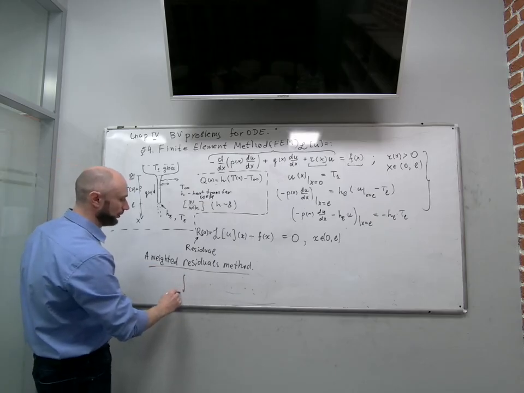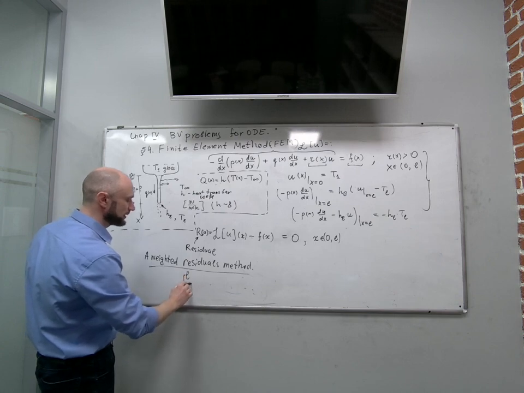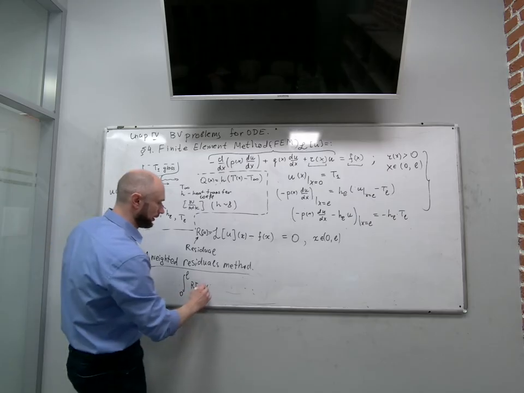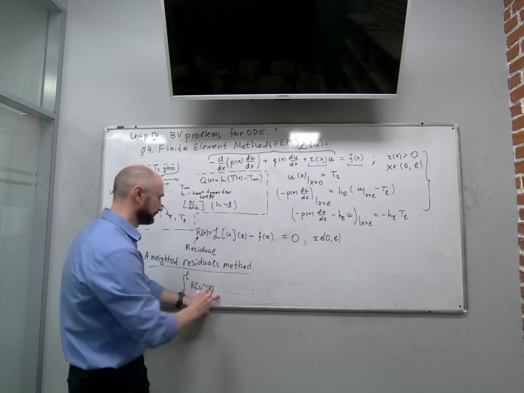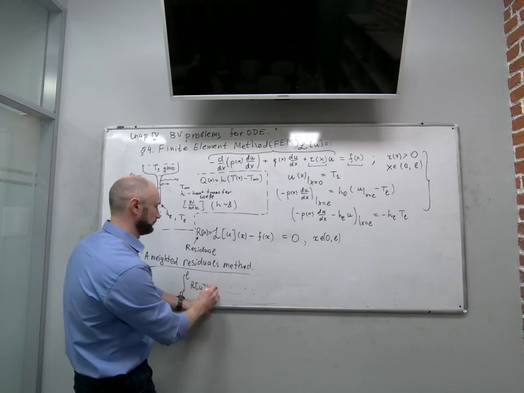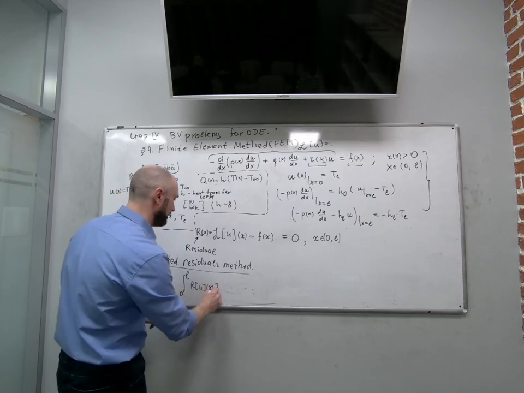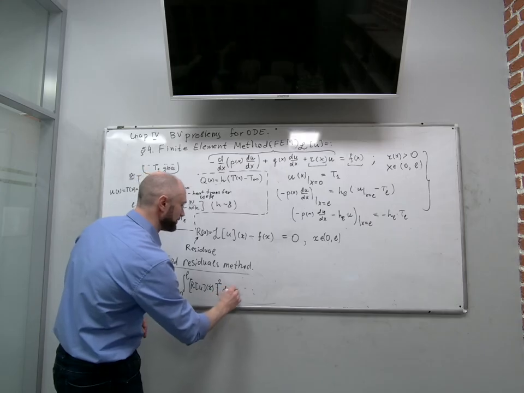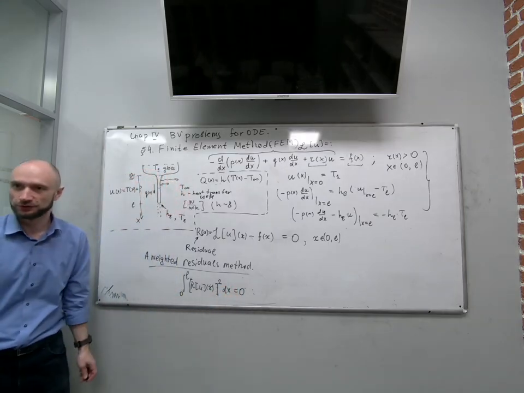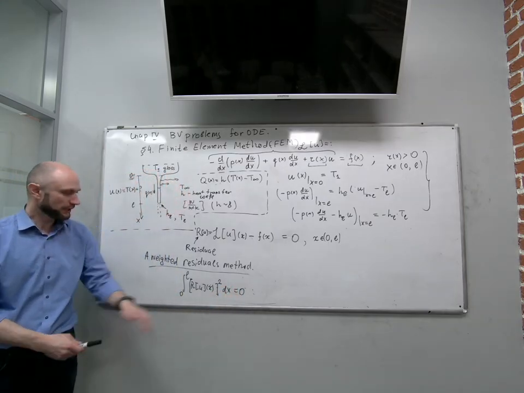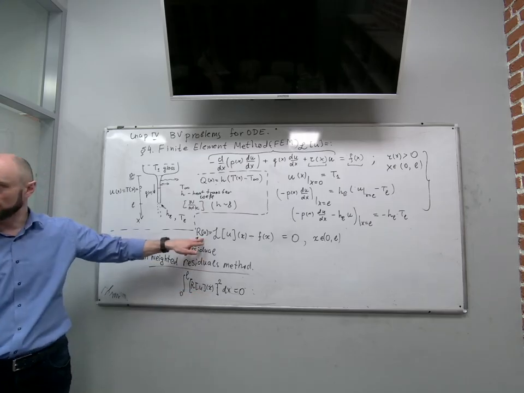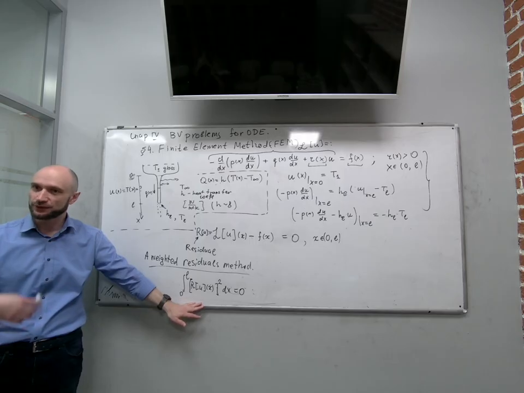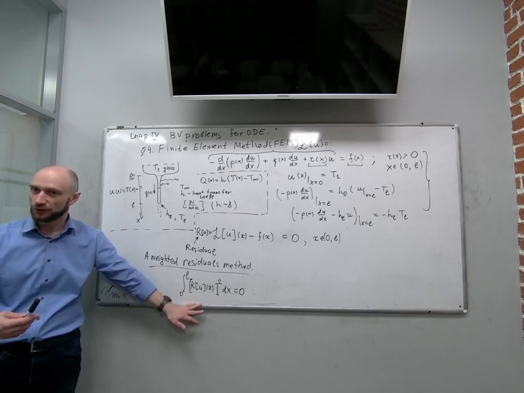For example, we can say, let's request that this integral is equal to 0. So we can just square our residual and request that this integral of the squared residual is 0.